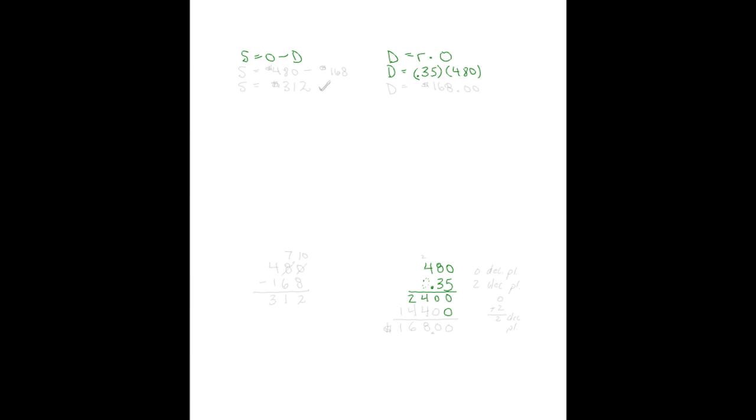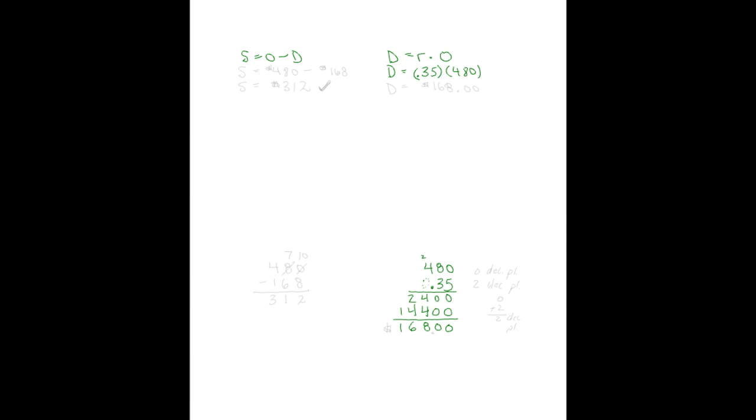Okay, placeholder 0. We'll do the rest of this multiplication the long way. 3 times 0 is 0. 3 times 8 is 24, so we write the 4 and carry the 2. 3 times 4 is 12, plus 2 is 14. Let's add our partial products. We have 0, 0, 8, 6, 1.